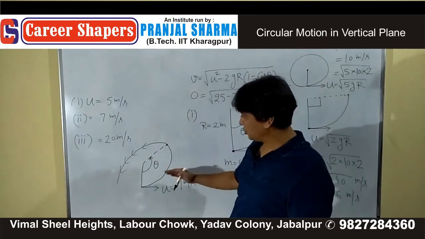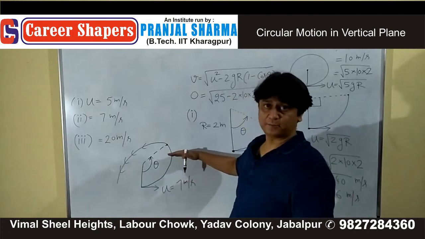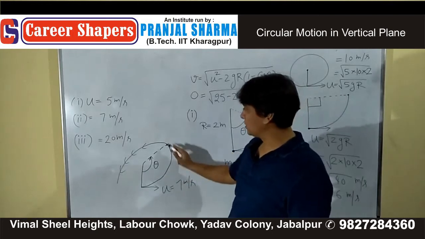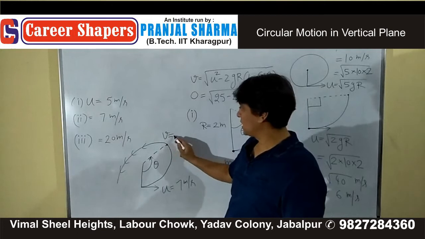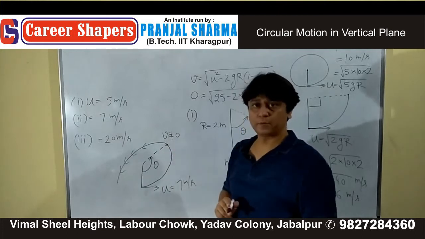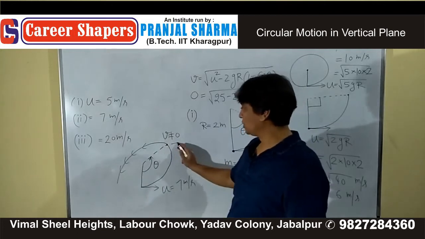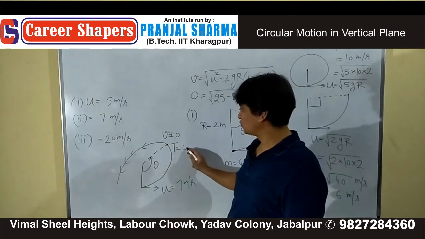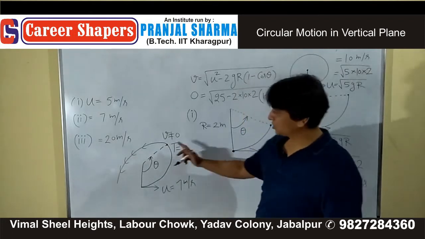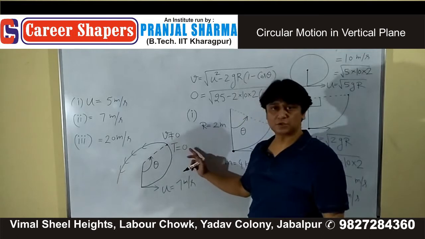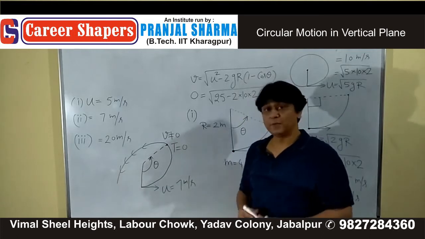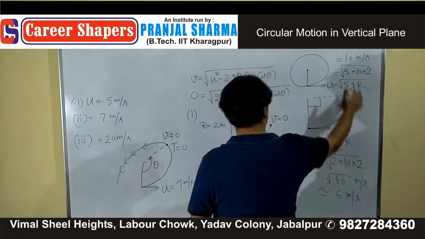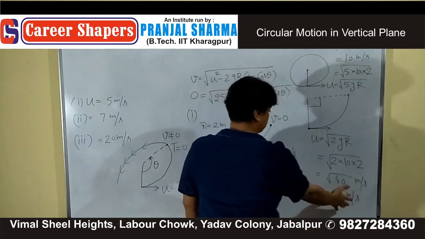Now, as you are in the upper half, at this point, velocity cannot be 0. What becomes 0? You know that. It's T. Right at this position, T becomes 0. That's the advantage of calculating these values in advance.